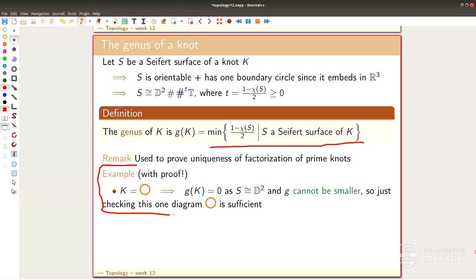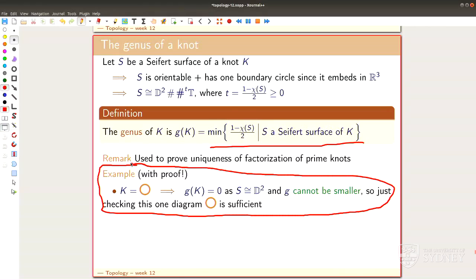So I call this an example with proof, and I hope that was reasonably clear. So the point is that the genus is a really great invariant. It's extremely strong. It takes into account the whole geometry of this funny surface, which is really non-trivial, but it's also hard to compute in general because it has this minimum involved, and that just means you essentially need to know it for all diagrams, for all projections, which is very hard in general.